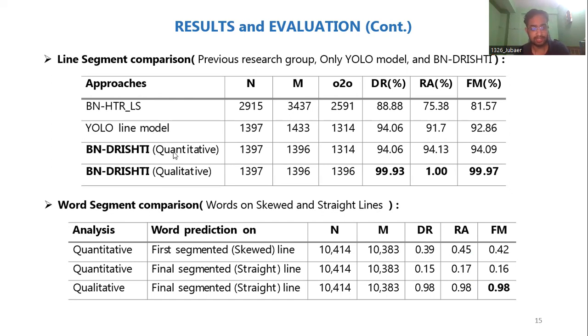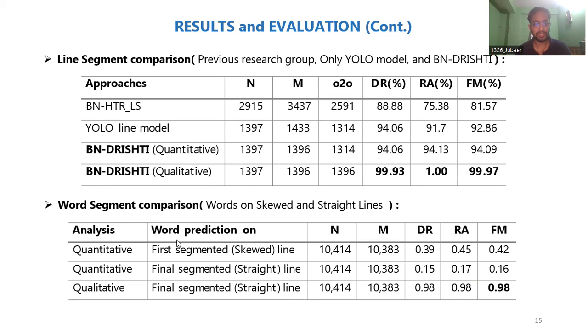In the bottom two rows, we have quantitative analysis and qualitative analysis. But why qualitative analysis? Because, as you can see, in the rotation process the image went through a drastic change in its dimension. That's why the ground truth and the prediction were not matching perfectly. That's why we have to use the qualitative analysis. As you can see, the qualitative analysis gave us almost near perfect results, which justifies our system performance.